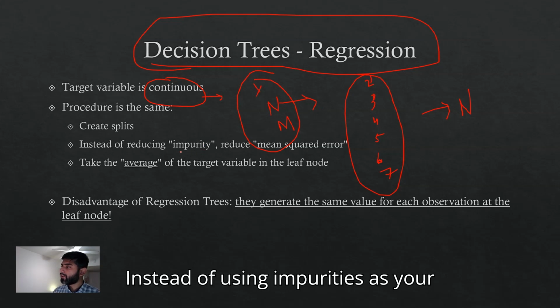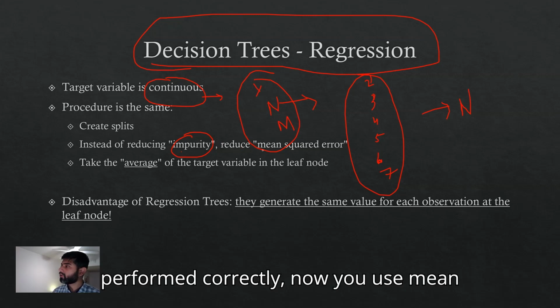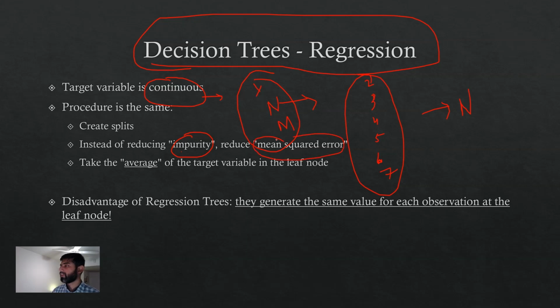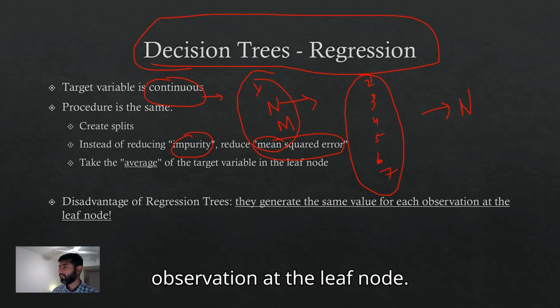Instead of using impurities as your parameter to judge whether the algorithm performed correctly, now you use mean squared error. Disadvantage is they generate the same value for each observation at the leaf node.